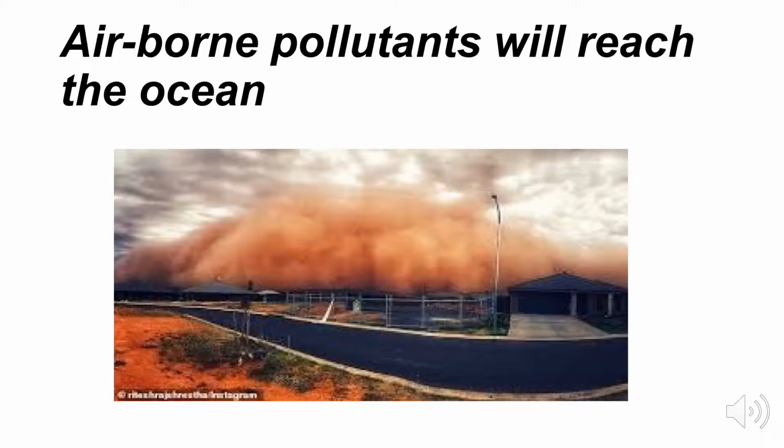So you can have these airborne pollutants from massive dust storms reach wide areas across the planet. A lot of that dust settles in the ocean, provides sediment, which alters habitat.